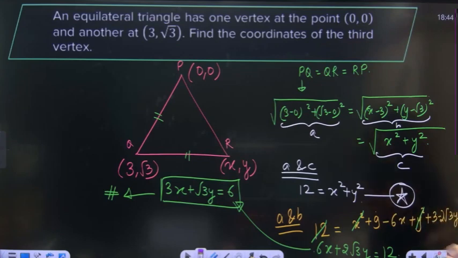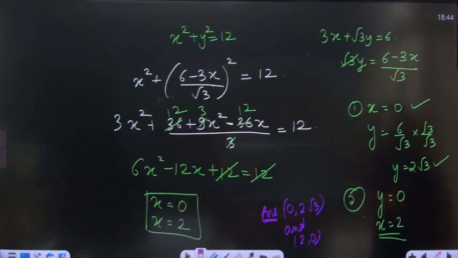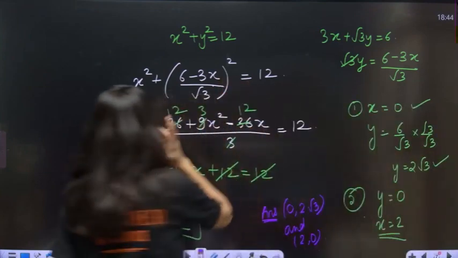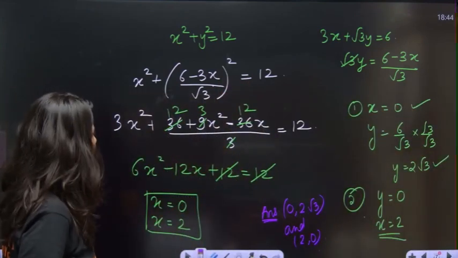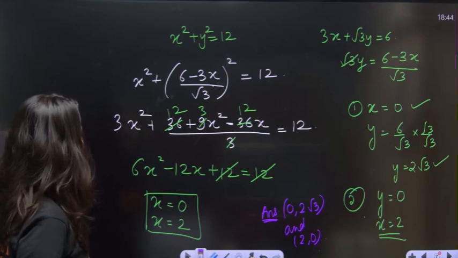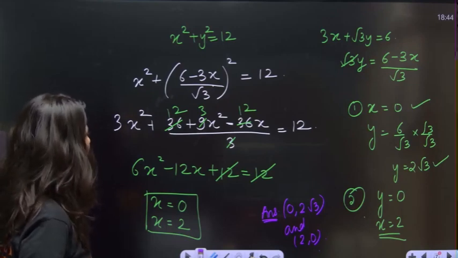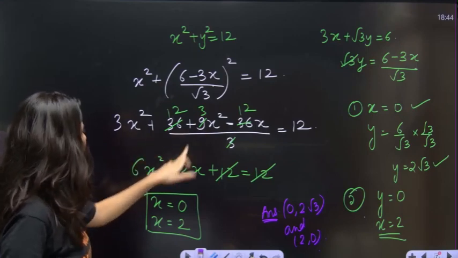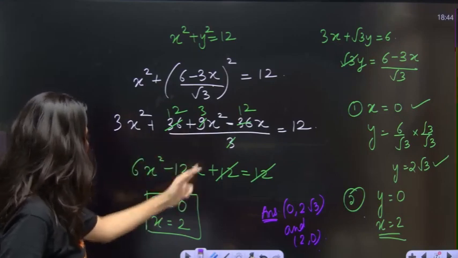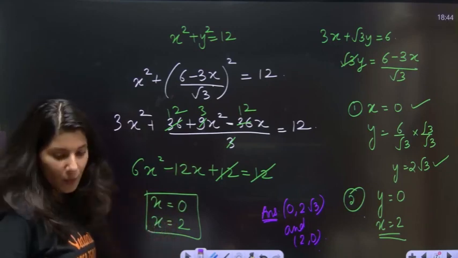So this is absolutely correct. Now the value of y is (6 minus 3x) by root 3. If you plug in over here, then this is 36 plus 9x square minus 6 times 3 is 18, upon 3. 3 ones are 3, 3 twos are 12. Now 3 plus 3 is 6, minus 12x plus 12 equals 12. So x is going to be 0, 2.